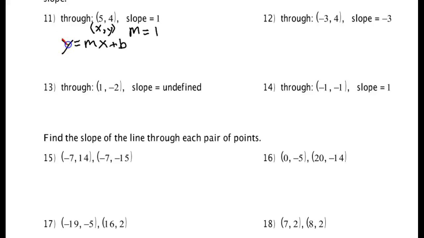So we have y equals, right? The y is 4. So we're going to 4 equals, right? The m equals 1. I'm going to put that in parentheses. And then the x equals, right? X is next. So I'm going to plug in my x, which is 5.